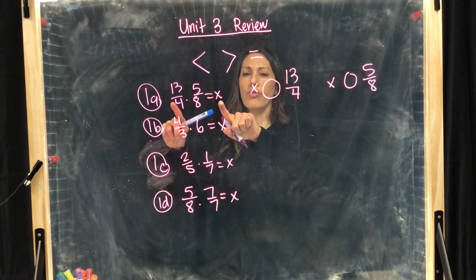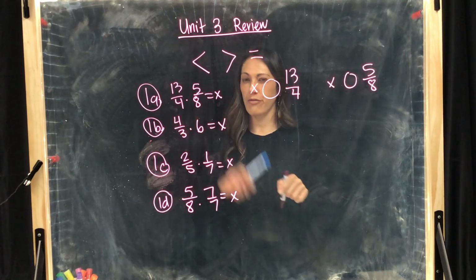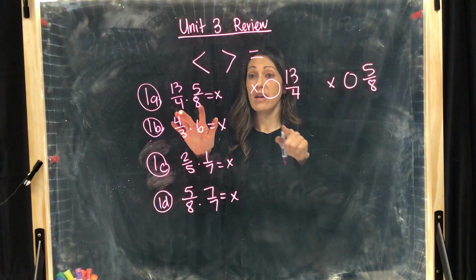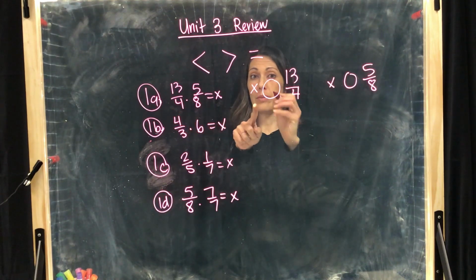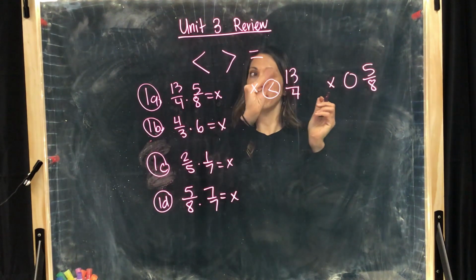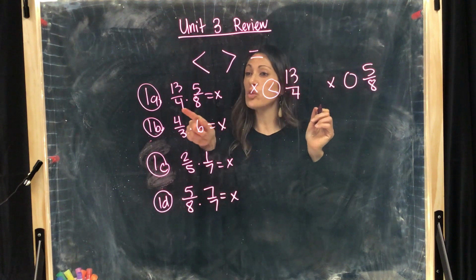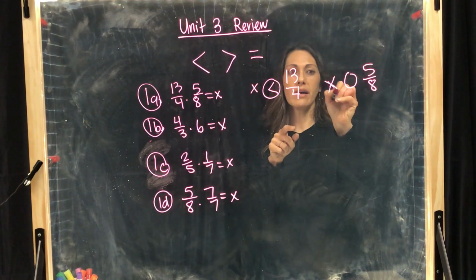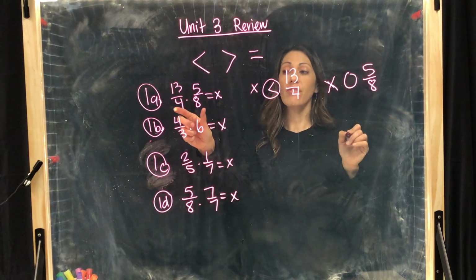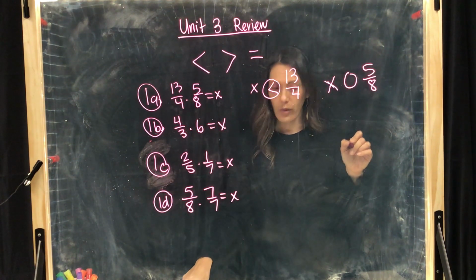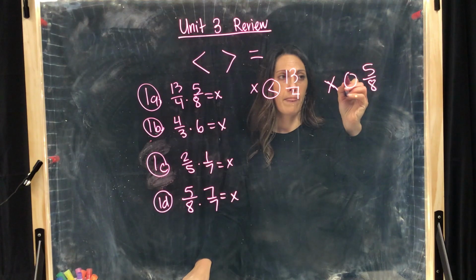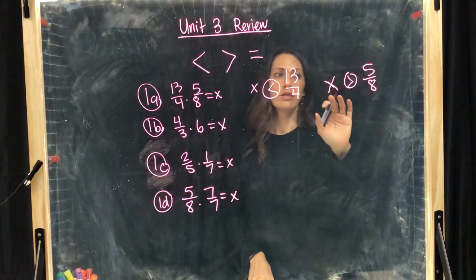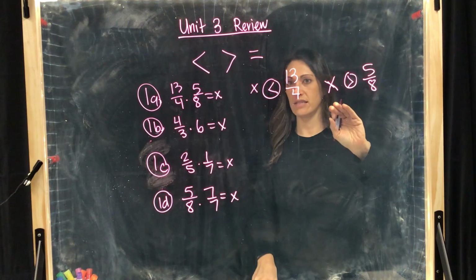If I have a whole number and I multiply it by a fraction, then my answer will be smaller than the whole number. Okay, so that means the alligator will eat the bigger number. My answer will be smaller than the whole number. However, because I'm multiplying this, I have a whole number, my answer will be greater than the fraction. Okay, the fraction will be smaller, so the alligator will eat the x in this situation.